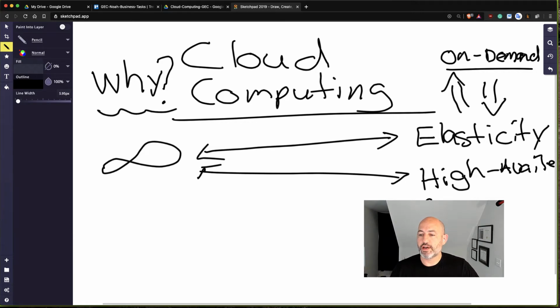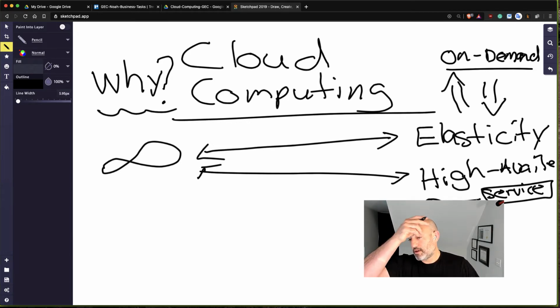So you have a customer who makes a request to a service, and it always gets a response back. This is very difficult to do well with a traditional data center, because you only have the one data center.